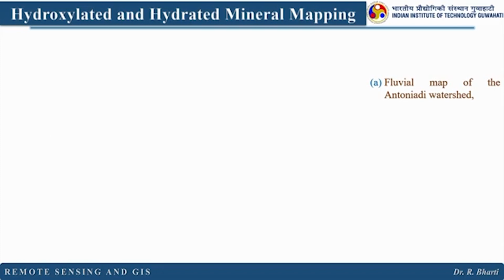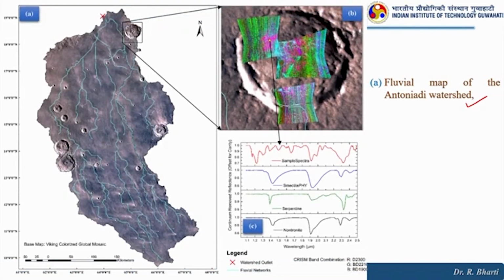Following this method, we have derived the hydroxylated and hydrated minerals on Mars. So this particular section, part A of this image, is the fluvial map of the Antinadi watershed. This I will cover in the future lectures.